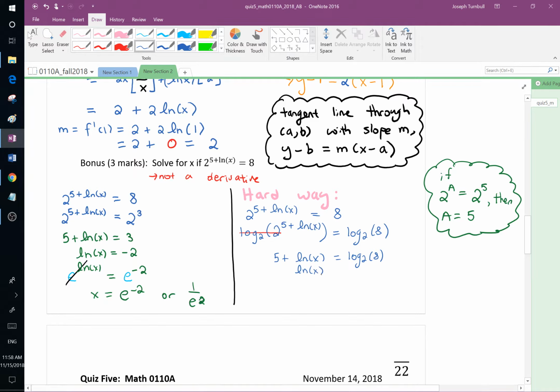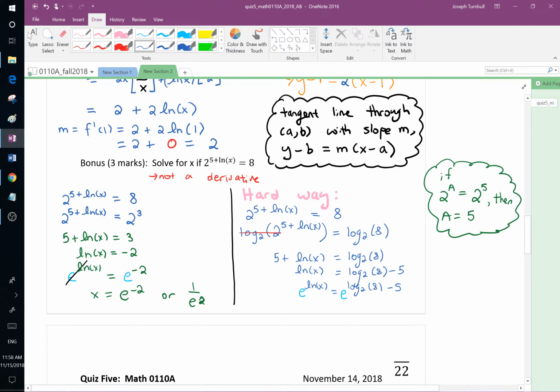Ln of x equals log base 2 of 8 minus 5. And then we need to get x out of there, so we're going to do what we did on the left-hand side. We're going to exponentiate both sides. Again, base e, because we're trying to untrap the x from a log function that has a base of e. So e to the ln of x equals e to the log base 2 of 8 minus 5.